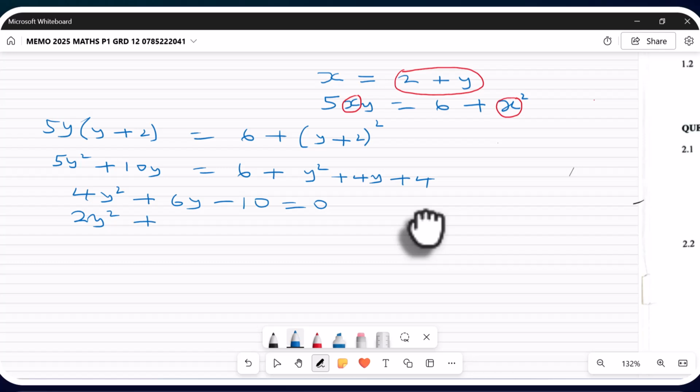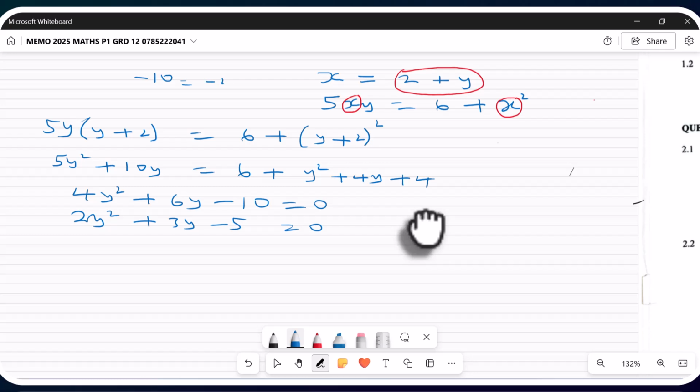If I add these, you see I get the middle term, which is positive 3. So other than writing the 3y, I'm going to put minus 2 plus 5. So this is 2y squared minus 2y plus 5y minus 5 equals 0.